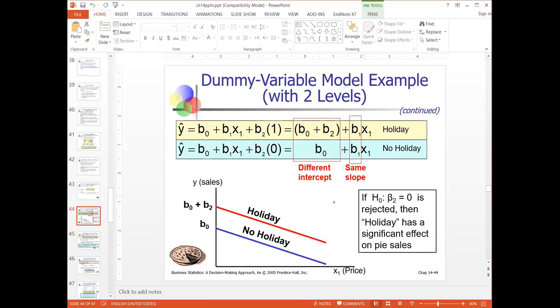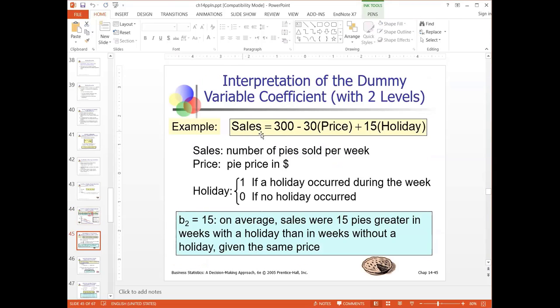So it has talked about that we can also check for the significance of that holiday effect, if that b2 is significant. So we'll check for the significance of b2. So he has estimated the model: sales is equal to 300 minus 30 price plus 15 holiday.